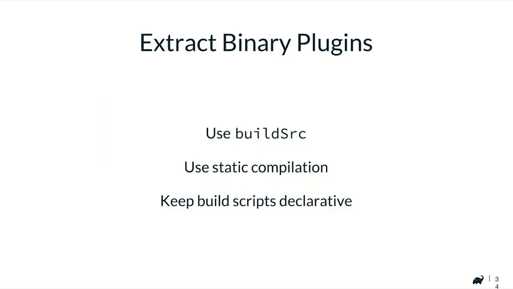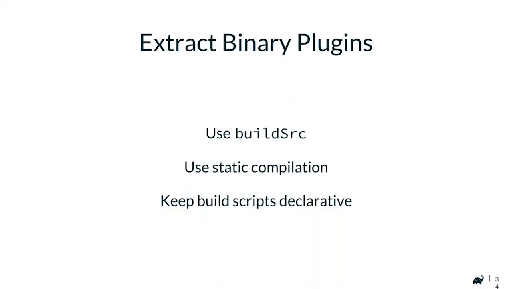Right? But even better, and what we're moving towards more and more, is extract things into build source. This has always been a recommendation. Write proper binary plugins, so write Java classes or Groovy classes with compile static, or Kotlin, or whatever your language preference is. Use a statically compiled language, because that really speeds up things. Dynamic invocation is expensive. And this really helps keep build scripts declarative.